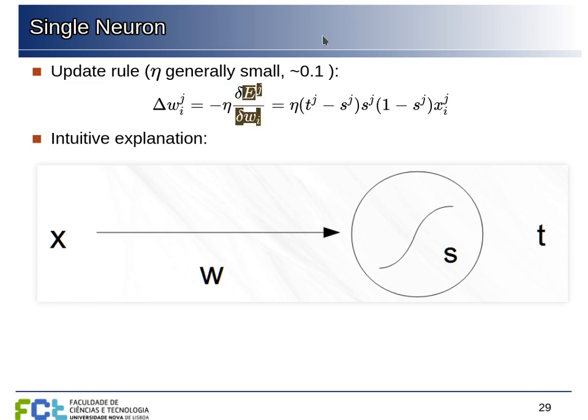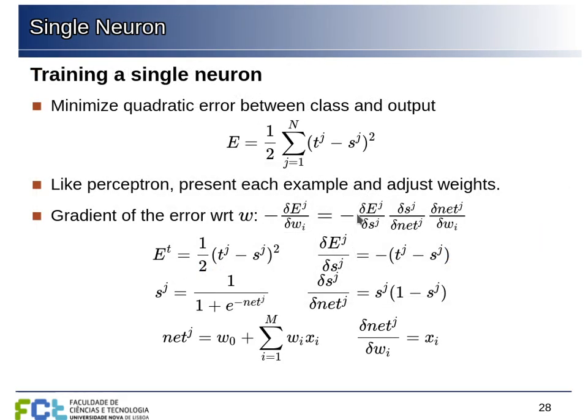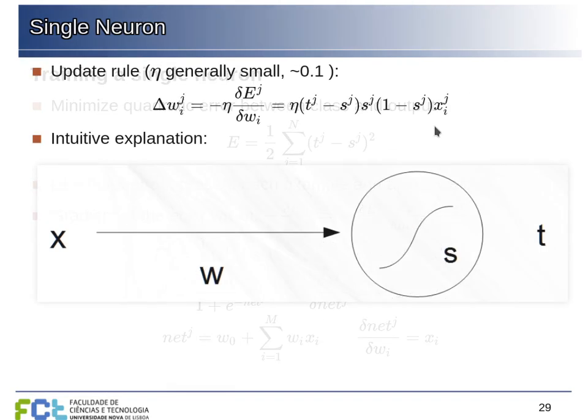And when we compute this derivative, so this is a chain of these 3 derivatives here, by multiplying them, we get this expression, which is the product of all the 3 derivatives, and this is the update rule for one single neuron. Basically, we have a target value, we have an activation function for the neuron, and we have an error function that is measuring the error between the activation and the target value.